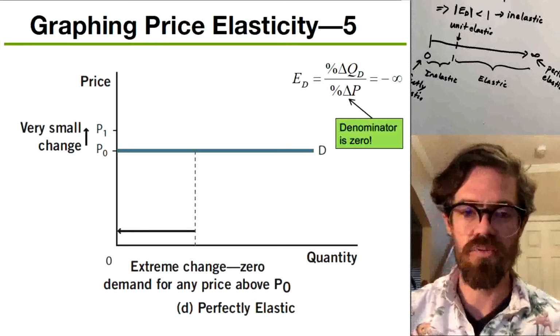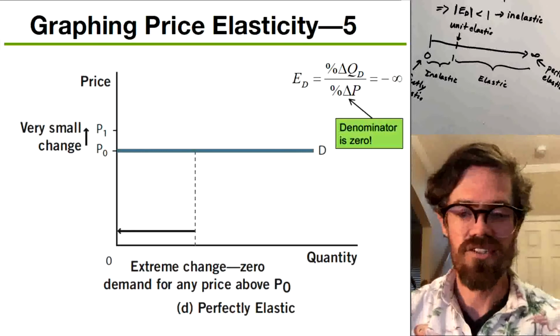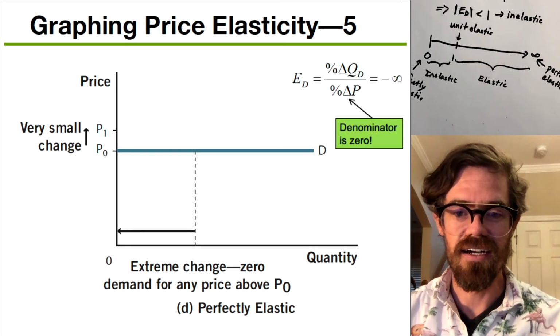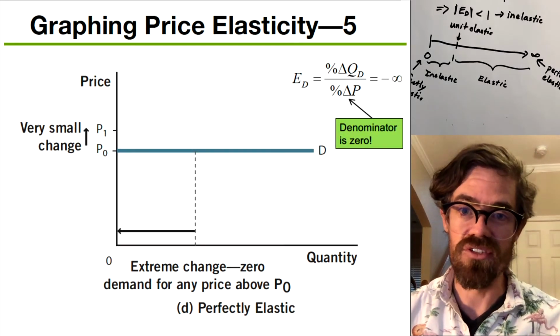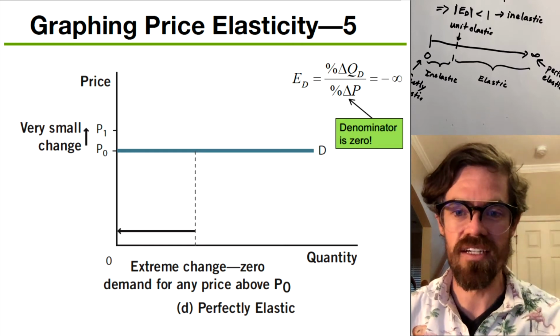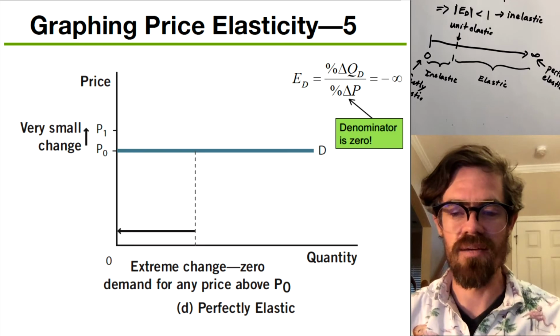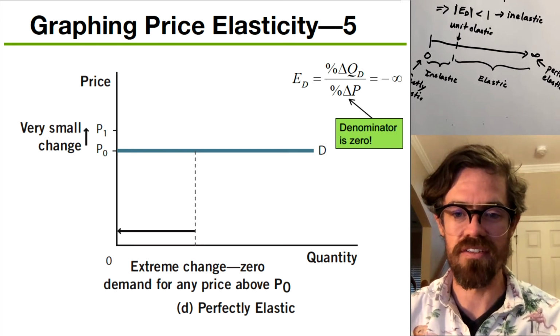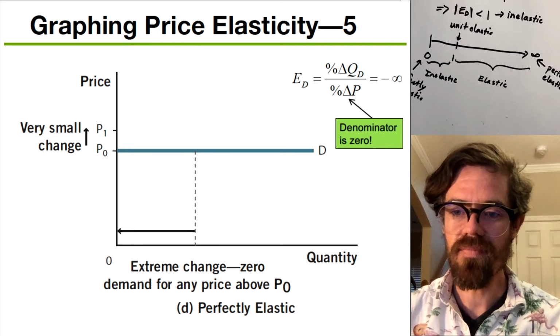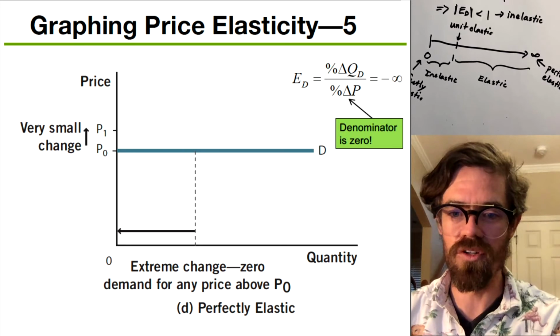But if I changed the price just a very tiny amount to 99 cents, you would buy as many dollar bills as you could. In fact, you would buy infinite, because every time you buy one, you would earn a penny. So this is an example of something that is actually perfectly elastic. This is basically what it would look like graphically.